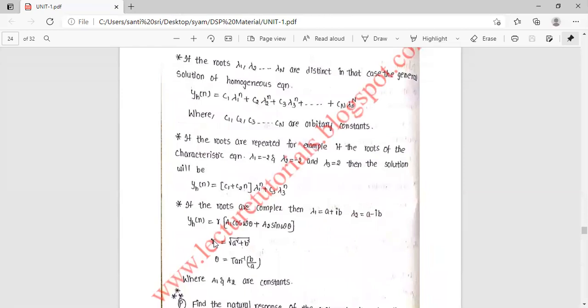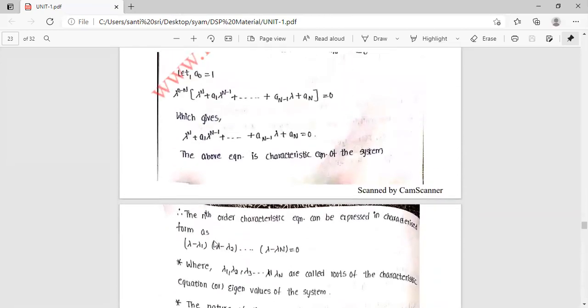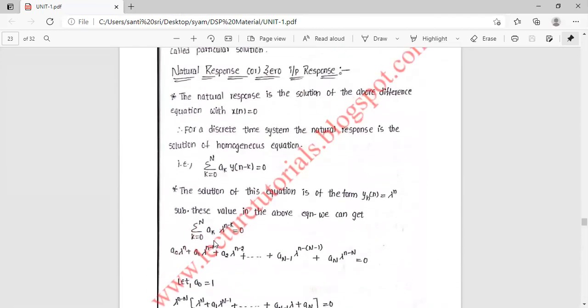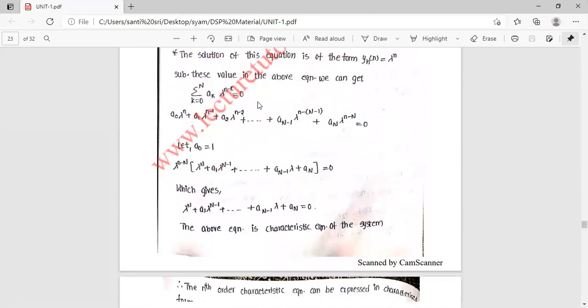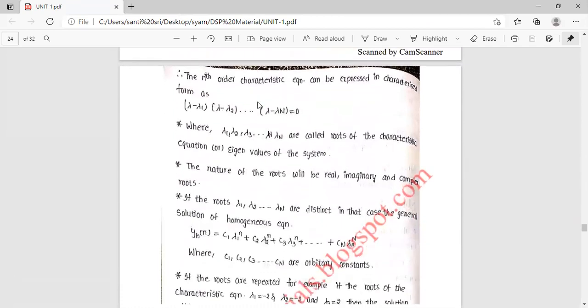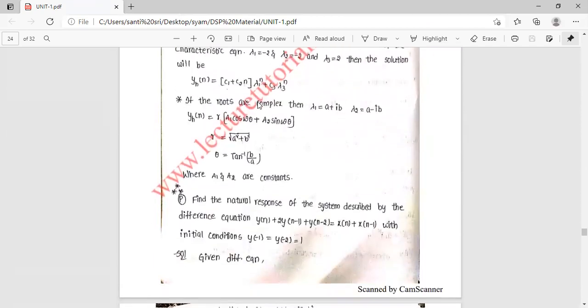This was already discussed in our earlier discussion. Here x of n is 0. That's why in the given problem also the x of n terms and x of n minus terms can be equated to 0 first. So here y of n plus 2 into y of n minus 1 plus y of n minus 2 equal to 0, right?